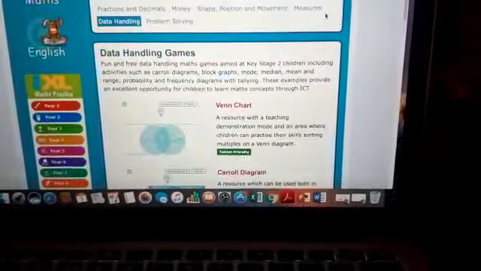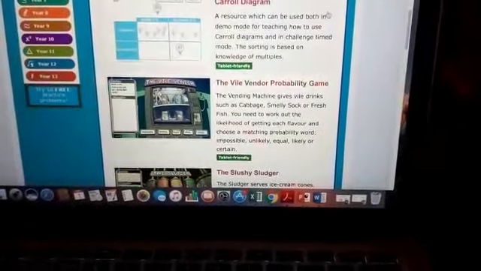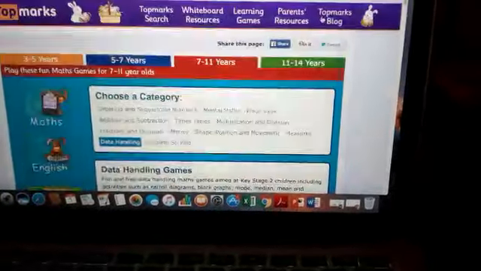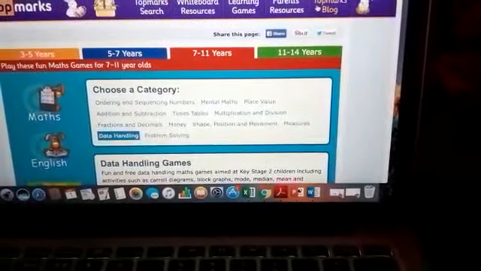They've got Venn charts, Carroll diagrams, probability games. Oh, did I mention that this is all about games? So no writing, just a lot of thinking, using your brain and trying to answer the questions by playing games at the same time. Okay, so go work hard, enjoy.